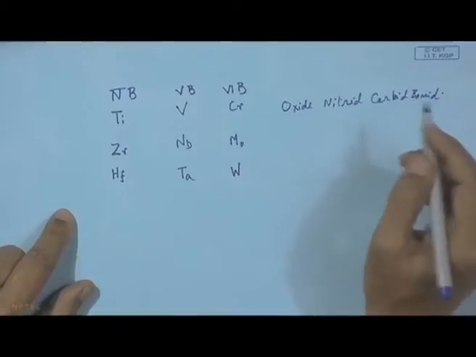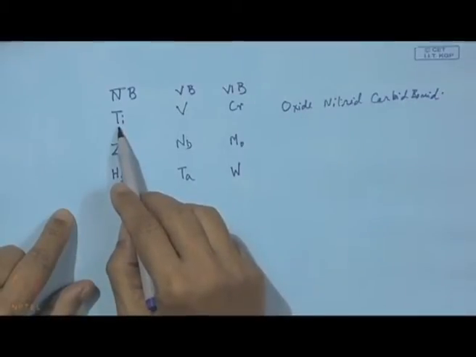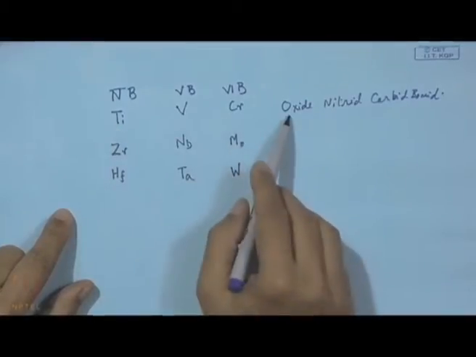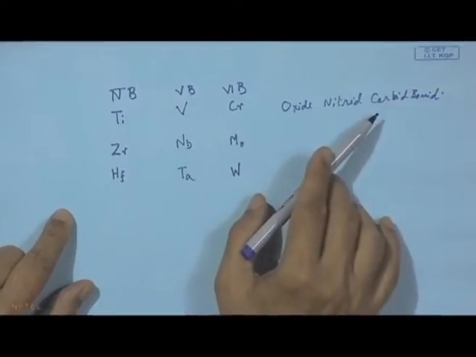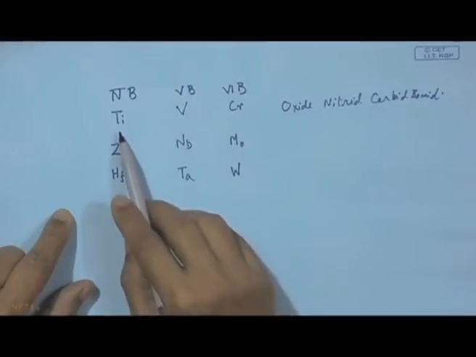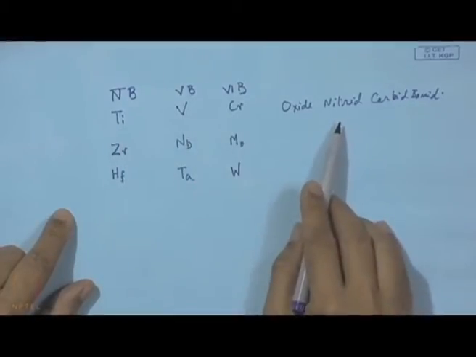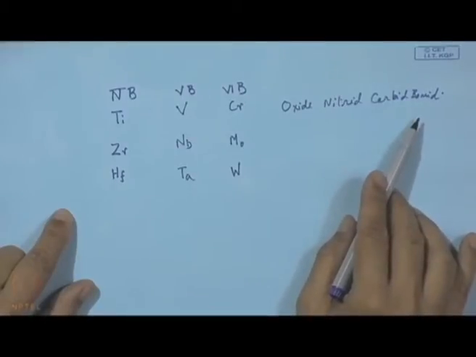So, one has to look into whether this element at a particular temperature can react with this oxide or nitride or carbide or boride, forming titanium oxide, titanium nitride or titanium carbide or titanium boride, for example.